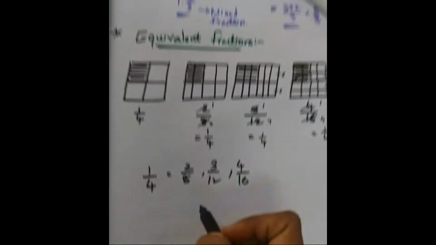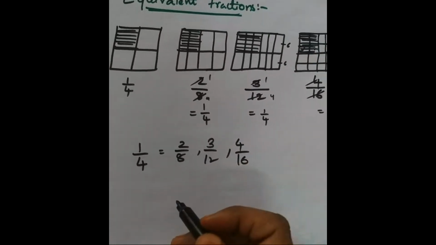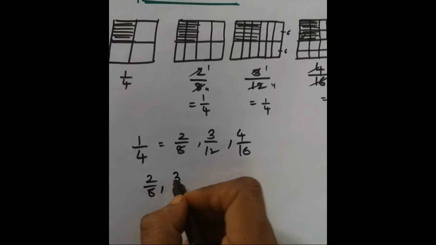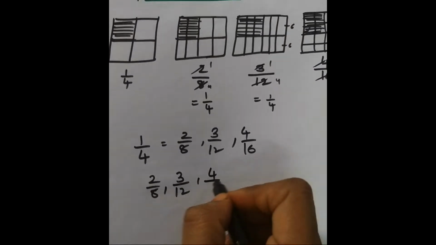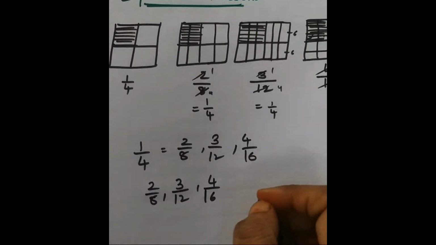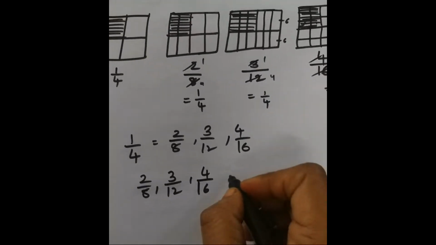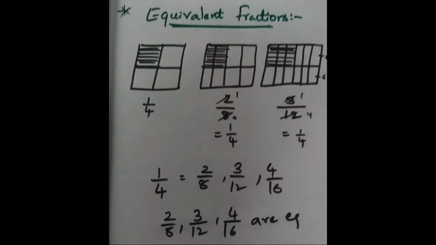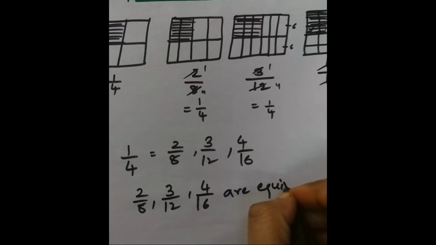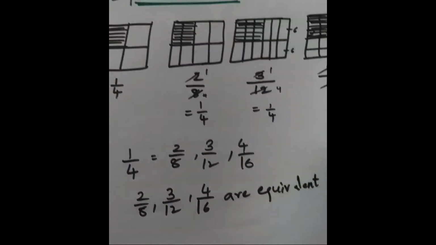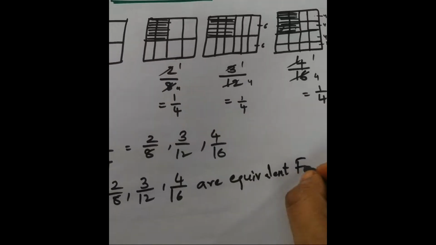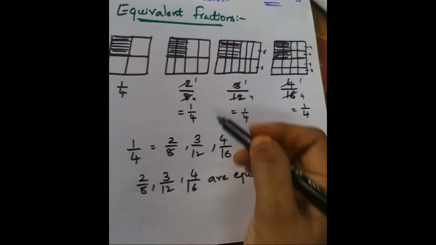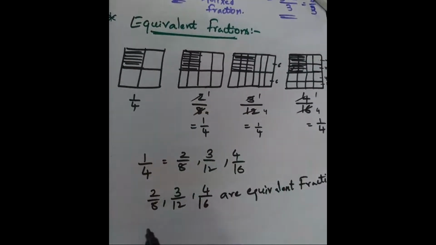These are said to be equivalent fractions. All these fractions, 2 by 8, 3 by 12, 4 by 16, are equivalent to 1 by 4.